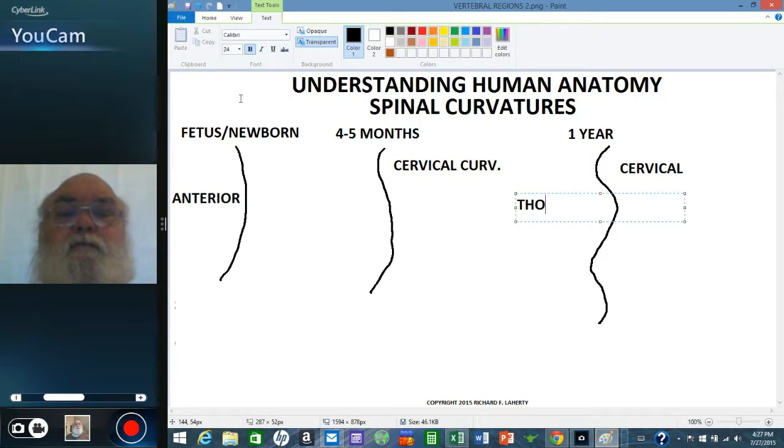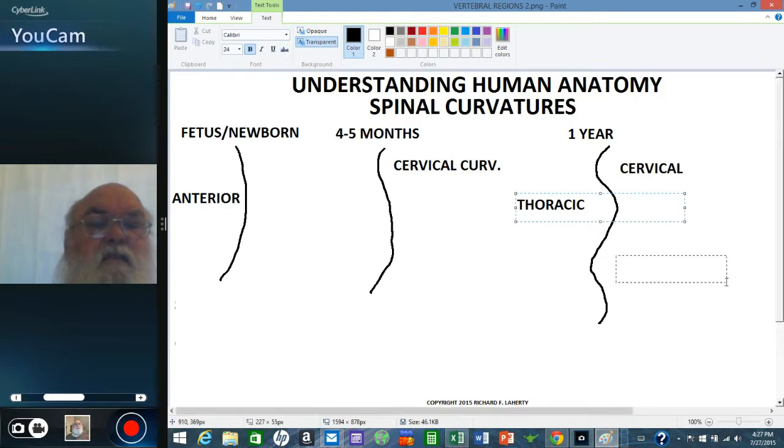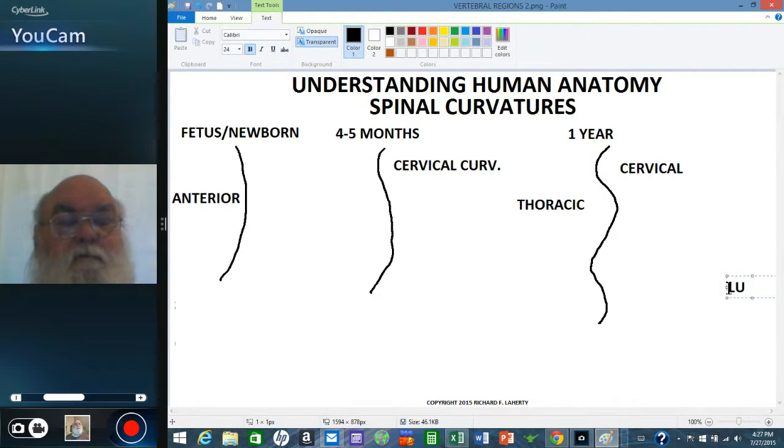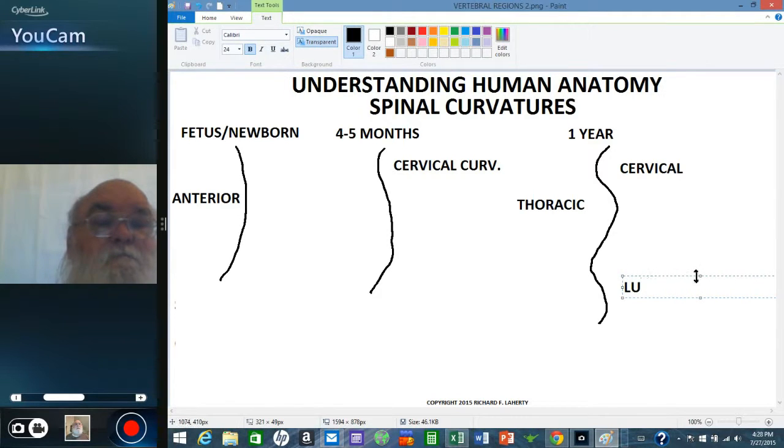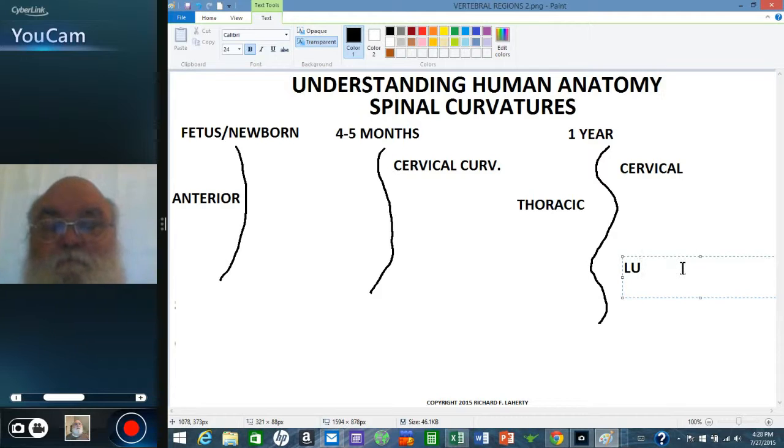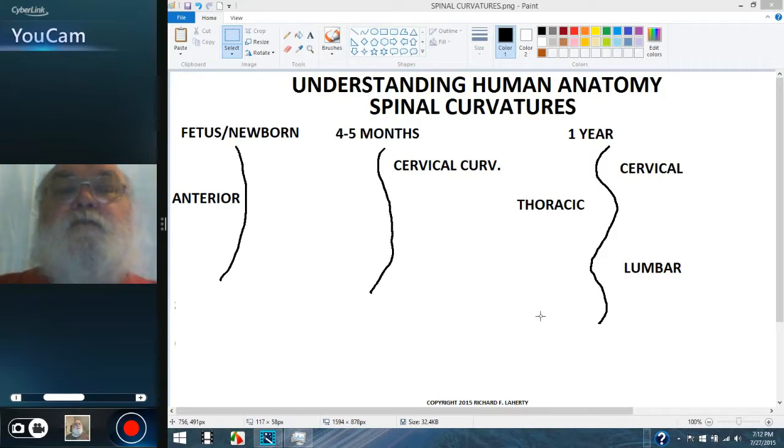The thoracic curvature, which is concave anteriorly, the lumbar curvature, which is concave posteriorly, just like the cervical curvature forms when the baby begins holding its head up, the lumbar curvature forms when the baby starts staying upright on its own, holding himself upright and starting to stand and walk.